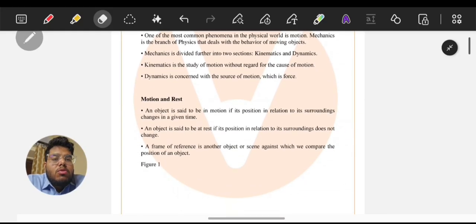Now let us move to motion and rest. An object is said to be in motion if its position relative to its surroundings changes in a given time, which means the surroundings and position of the object are changing, the change of the object with respect to the surroundings. Which means we take the surroundings as the main part to consider the motion. If the surrounding is moving with respect to the object, then it is in motion.